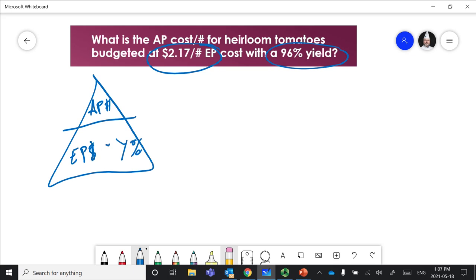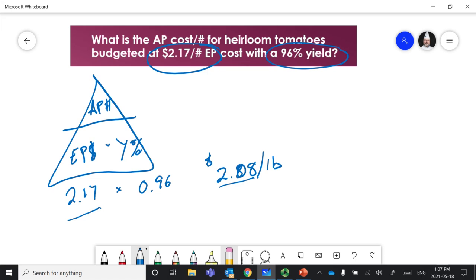So we have an EP of 2.17 and a yield of 0.96. We can multiply those out and we end up with an AP amount of $2.08 per pound. Now, this is less than our EP, which makes sense because our AP is always less than our edible portion cost, right? Edible portion cost is always more than our as purchased cost.